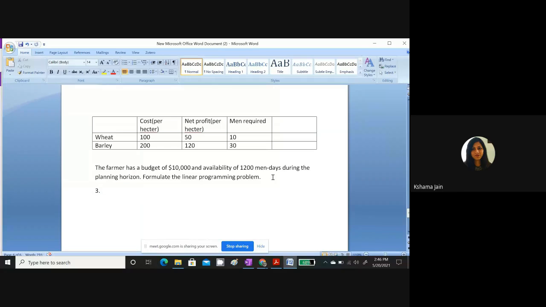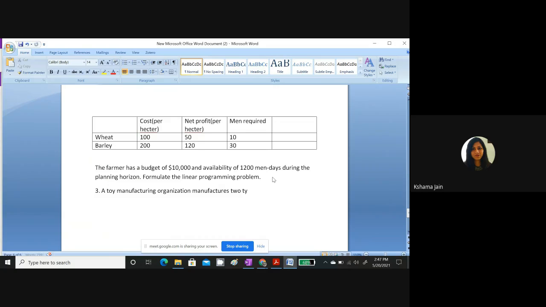A toy manufacturing organization manufactures 2 types of toys. See, this is called product mix. I think yesterday or maybe the day before yesterday, this terminology was there. So the same kind of company is using a mixture of products.